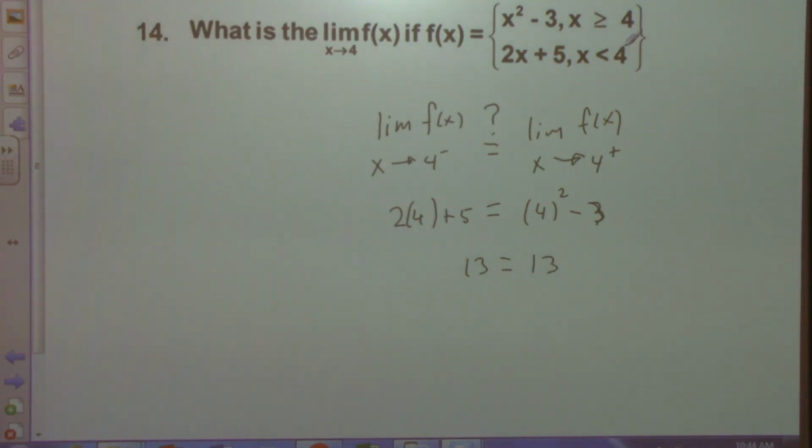So our answer to this one is 13. And then you could write it out as the limit as x approaches 4 of f of x is equal to 13. I was pretty liberal on the articulation of it.